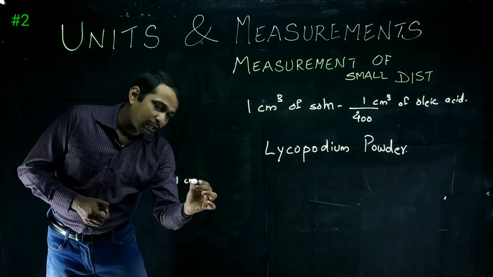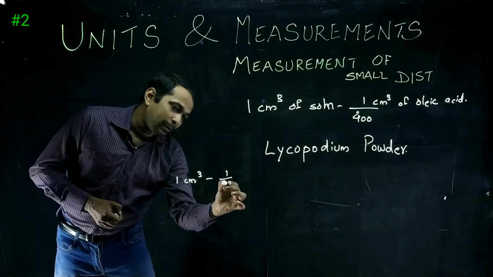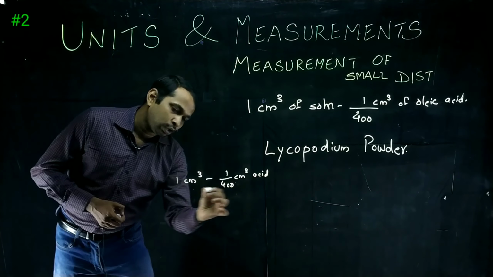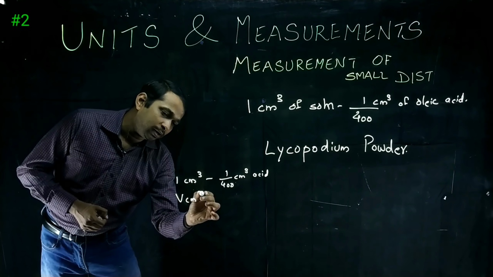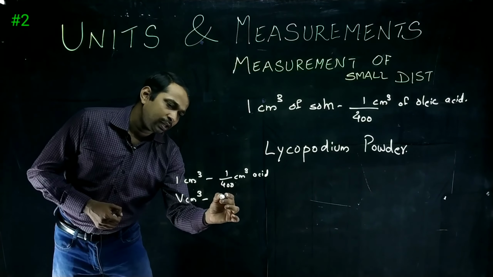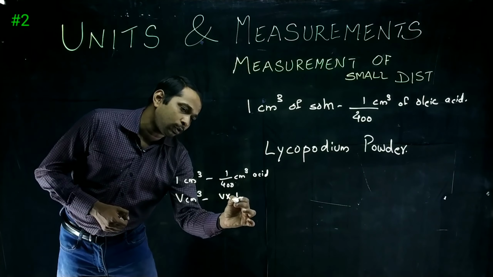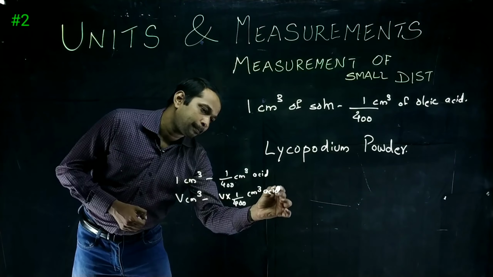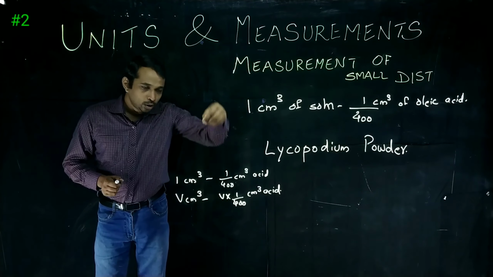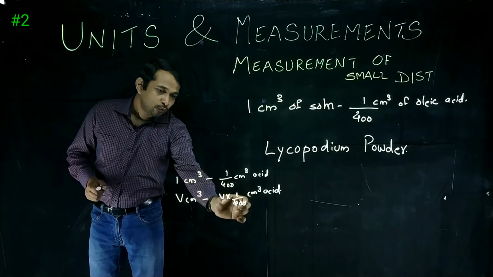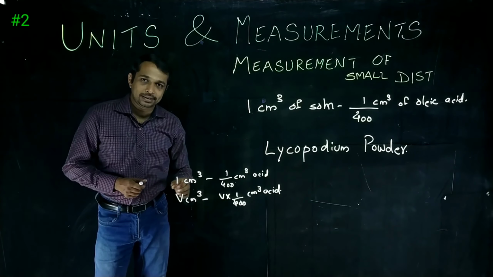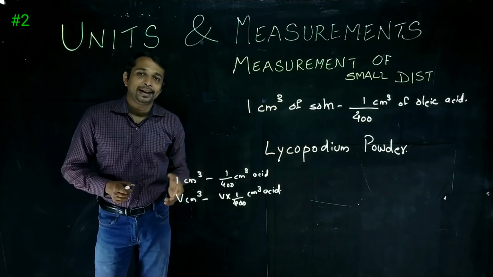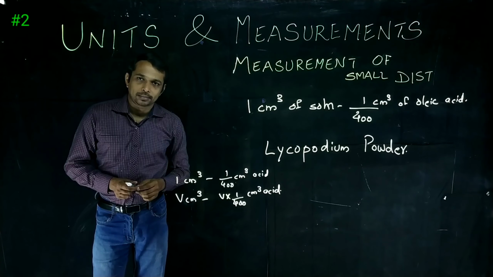In 1 centimeter cube we have 1 by 400 centimeter cube of acid. So in V centimeter cube, how much will we have? We have V into 1 by 400 centimeter cube of acid. So we put 1 drop which has V by 400 centimeter cube of acid into that water which already contained this lycopodium powder.